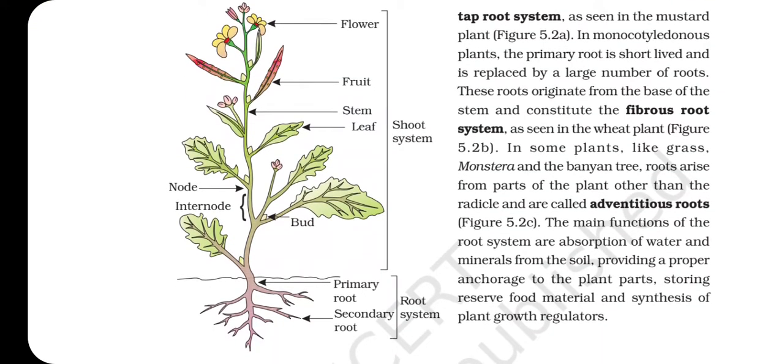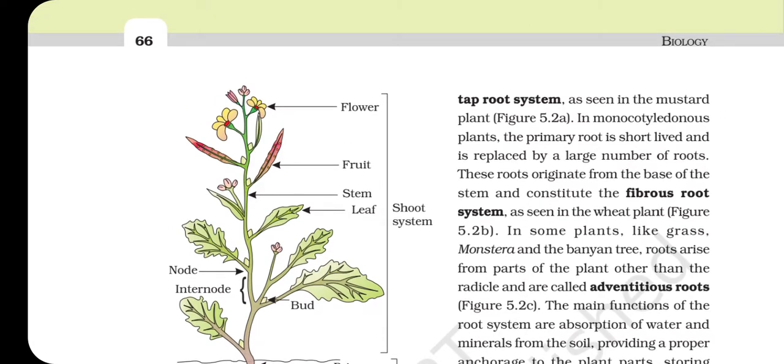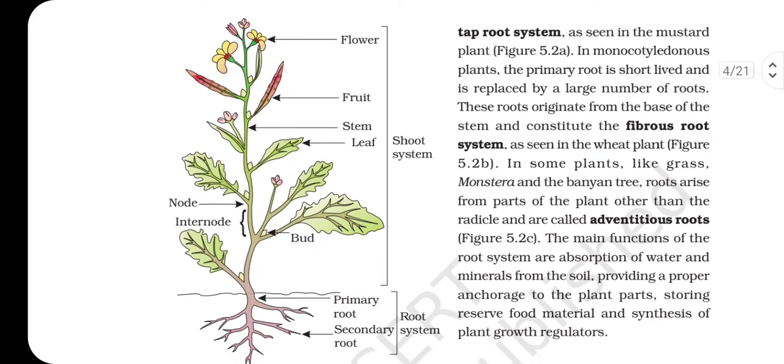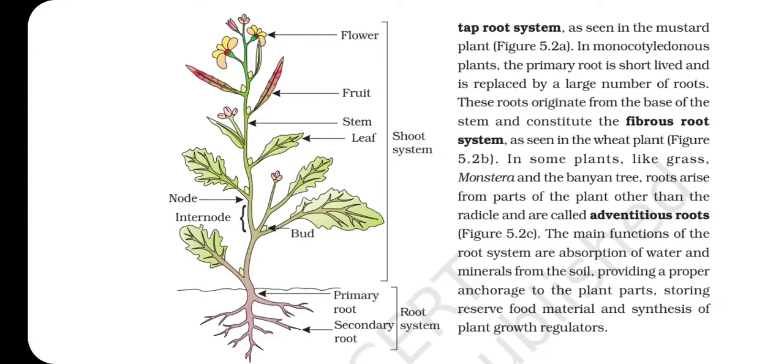Primary root, secondary root. In monocotyledonous plants, the primary root is short-lived and is replaced by a large number of roots. These roots originate from the base of the stem and constitute the fibrous root system, as seen in the wheat plant.